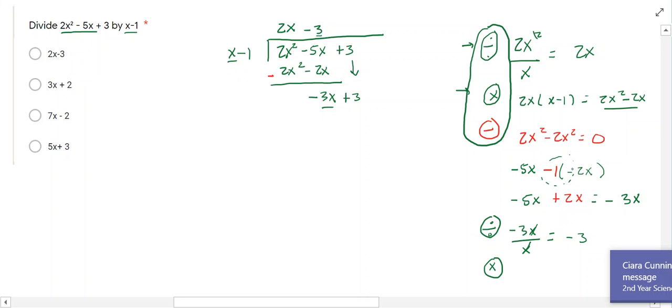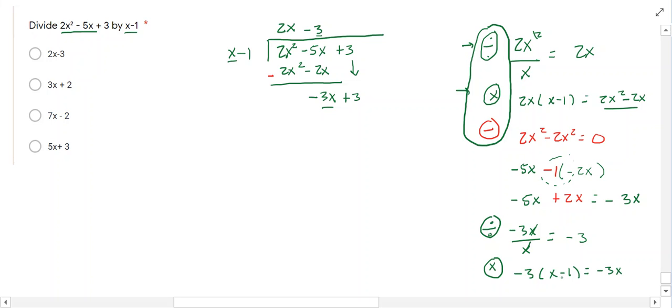What will this look like? It'll be minus 3 multiplied by x minus 1. So minus 3 by x is minus 3x.